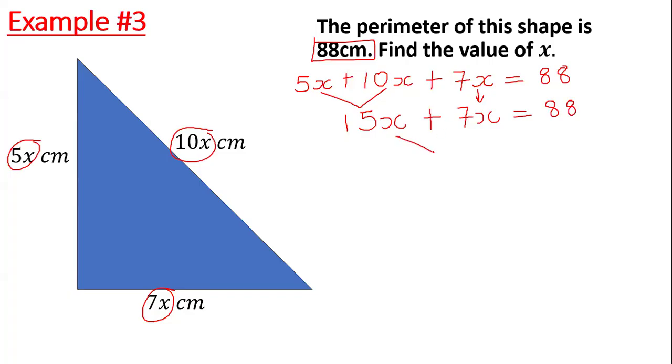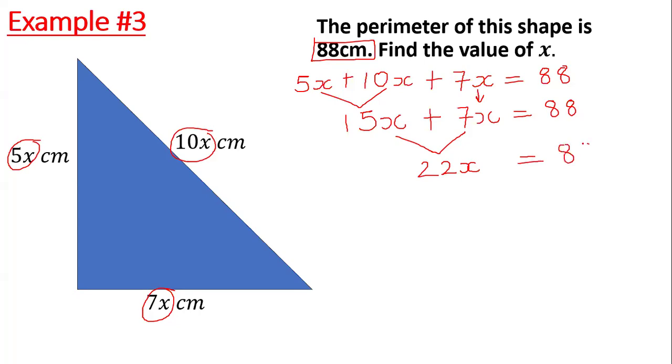We have 15x plus 7x, which gives us what? 15, 16, 17, 18, 19, 20, 21, 22. Very good. We got 22x is equal to 88.